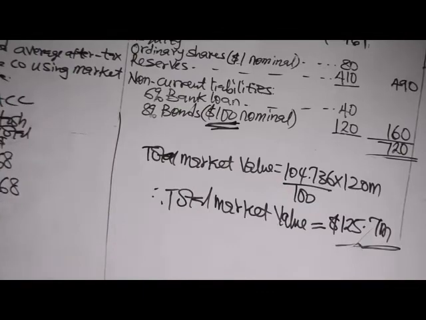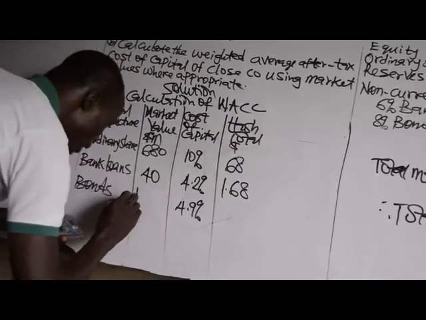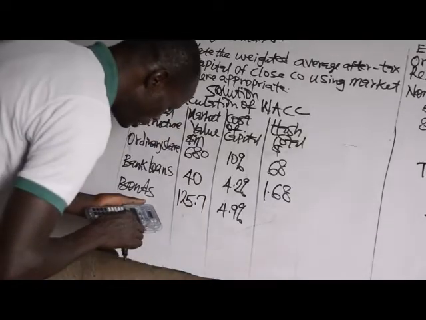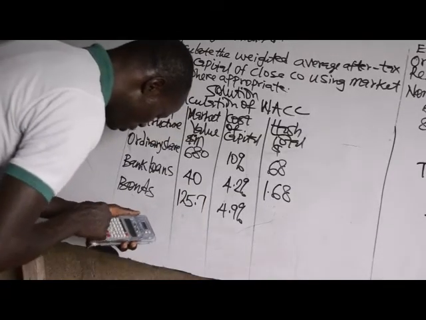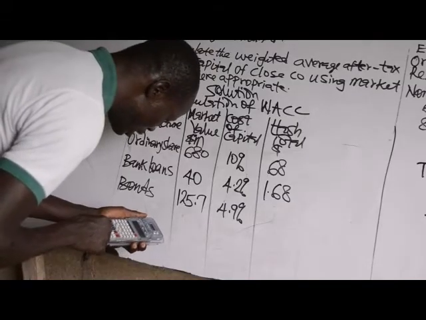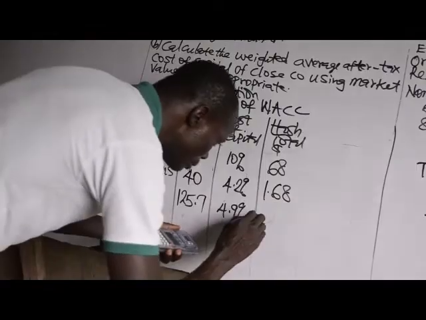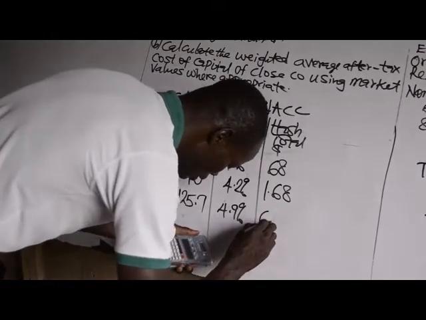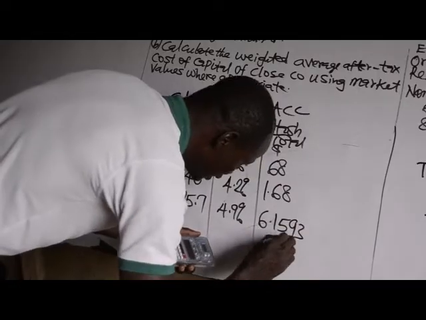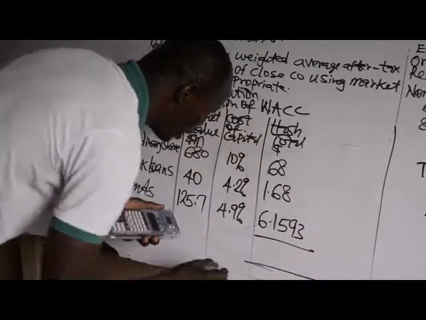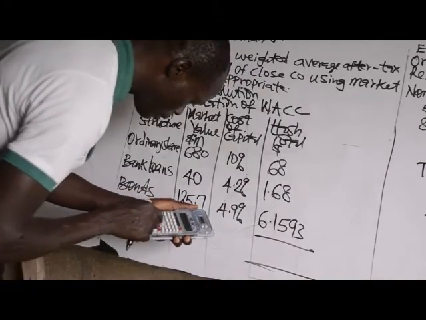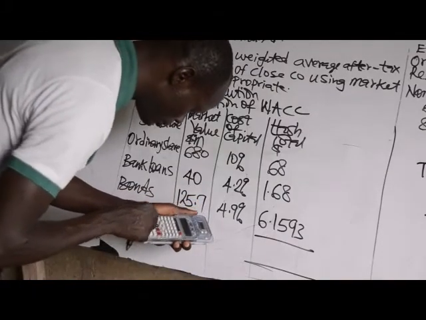So we now come here. Our market value is 125.7. What will be the hard total? 125.7 times 4.9% gives us 6.159. Then the total of the hard total is plus 1.68 plus 68.